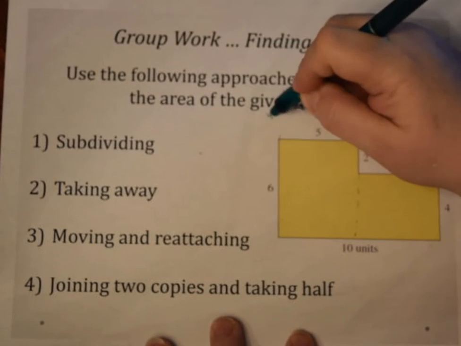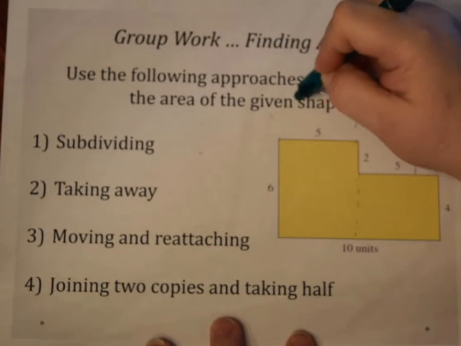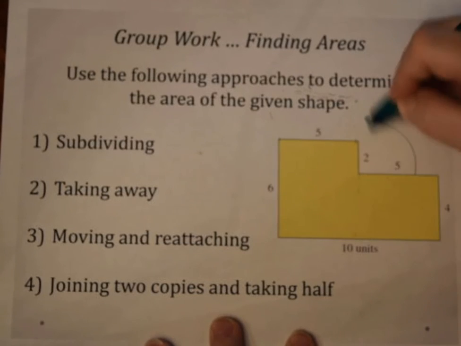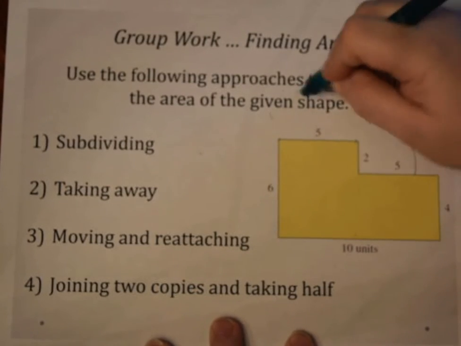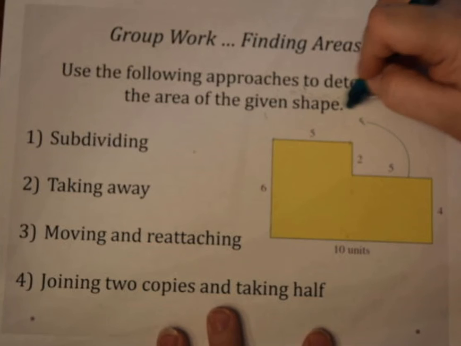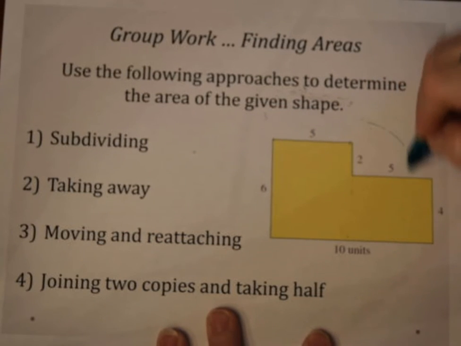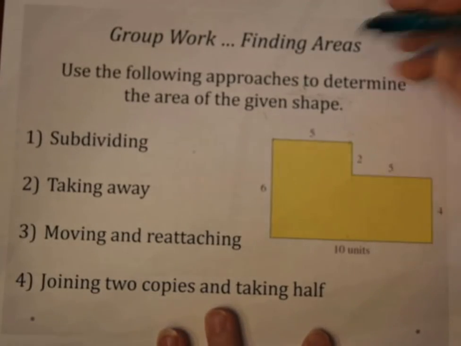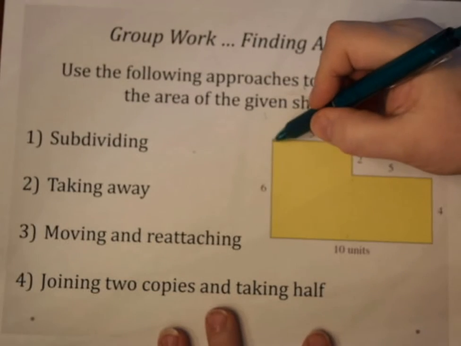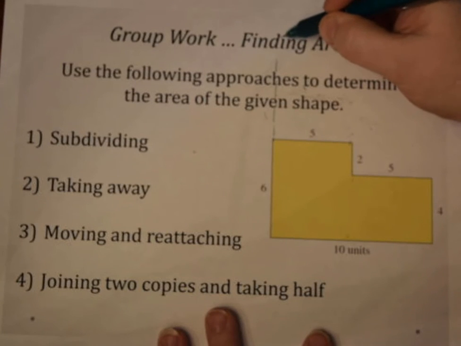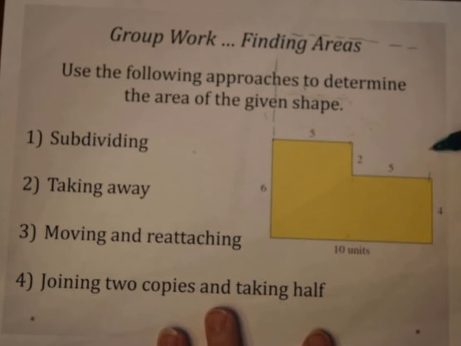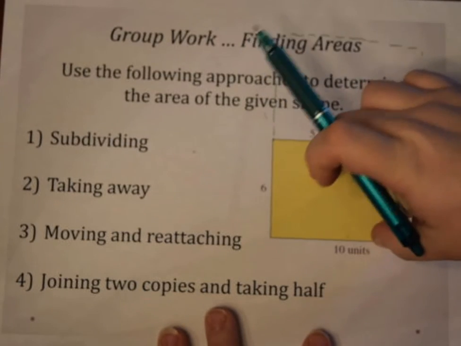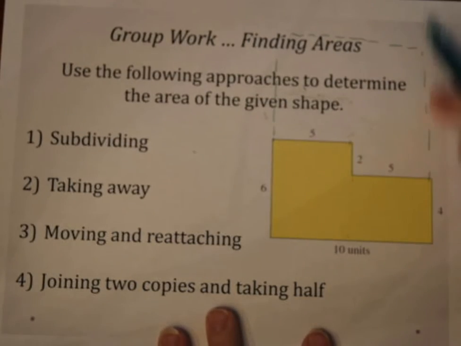Or what we could do sometimes, this doesn't happen very often, is trace this, make another copy, and put the 2 pieces together like a puzzle piece and have it form a great big rectangle. So I'm going to take this and rotate it and stick it up here.